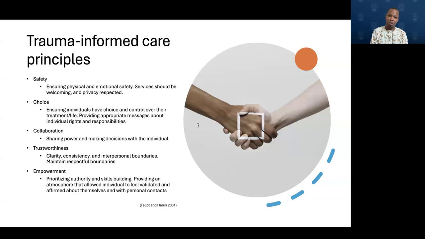There are various principles of trauma-informed care, and depending on the literature or the sources you are reading, you could have about 5, 6, or even 7. But I usually tend to use the Fallot and Harris 5 principles of trauma-informed care, which include safety, collaboration, empowerment, and trustworthiness.